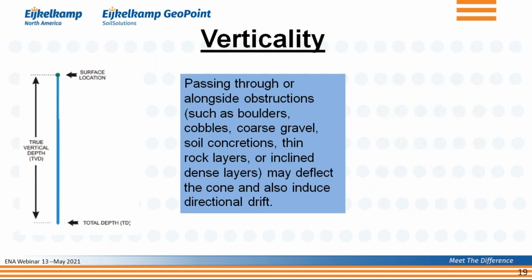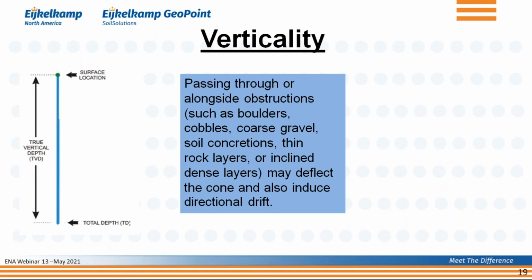Because when you go into the ground, you undoubtedly pass alongside obstructions, some boulders, some cobbles, some coarse gravel, whatever it is. Maybe you hit some inclined dense layers, because the transition between one layer and the next isn't always a perfectly horizontal line. It's angled, it's inclined.